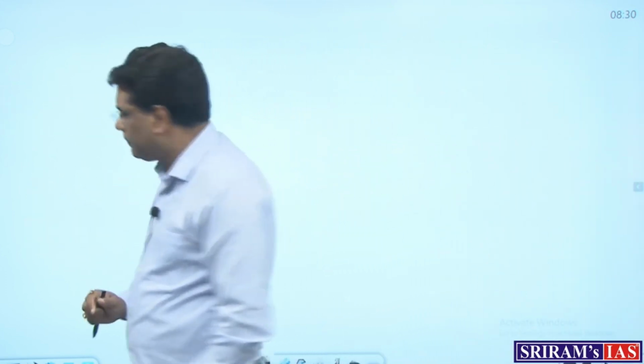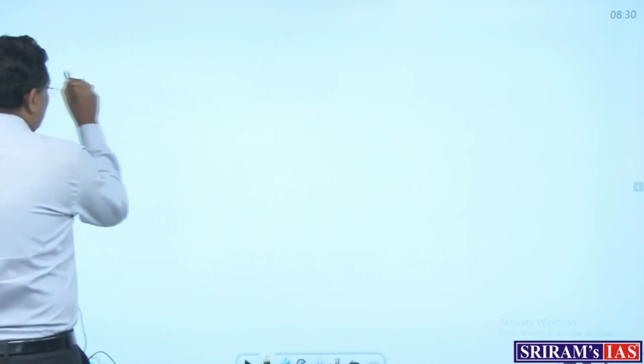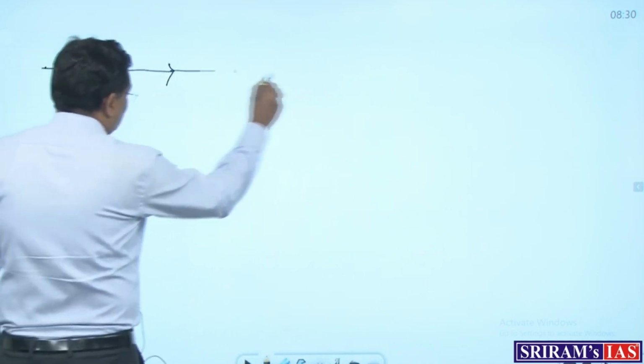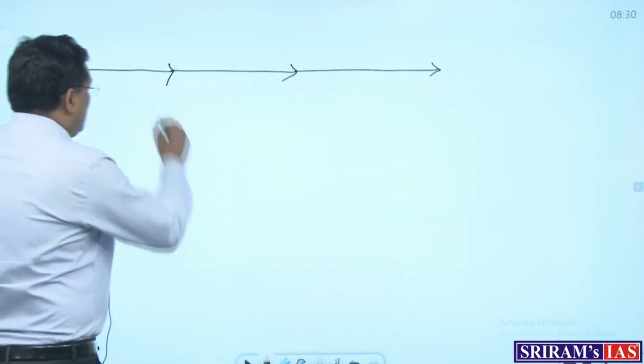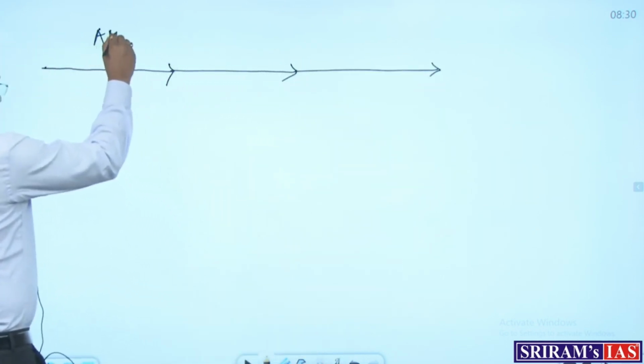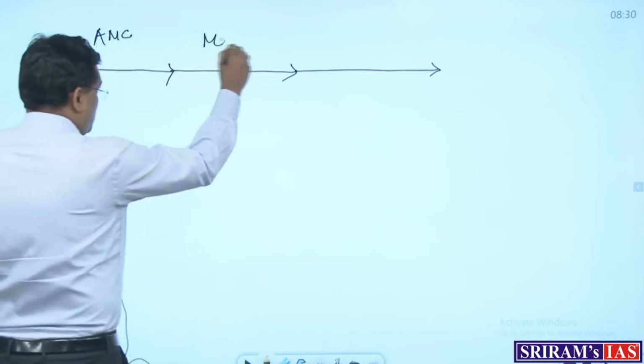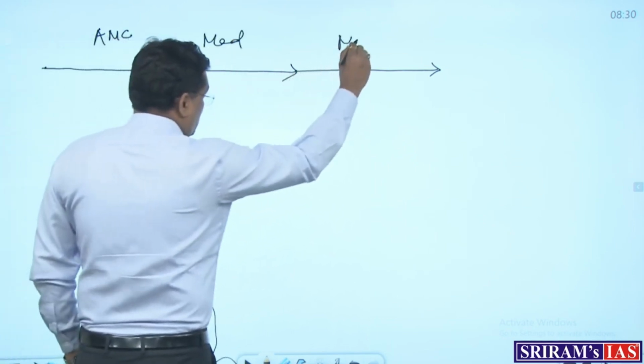Okay. Indian history is divided into 3 parts. We call it ancient India, this is medieval India and that is modern India.